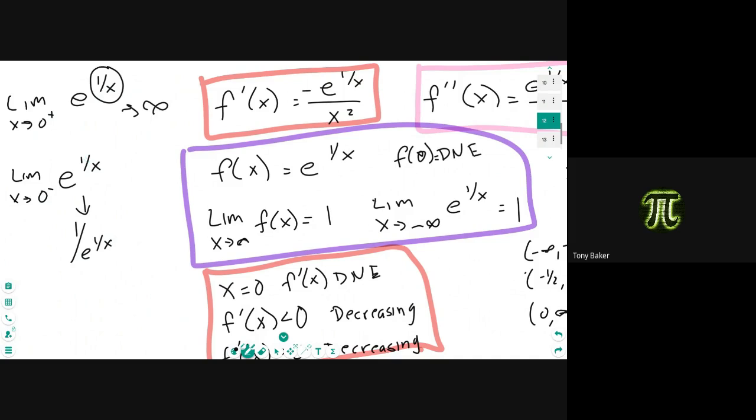Yes or no? This is where all that algebra comes back. So we just determined that that's getting infinitely large, so 1 over infinity is what? Right, basically it goes to 0. So from the left, it's going to 0, and from the right, it's going to infinity.